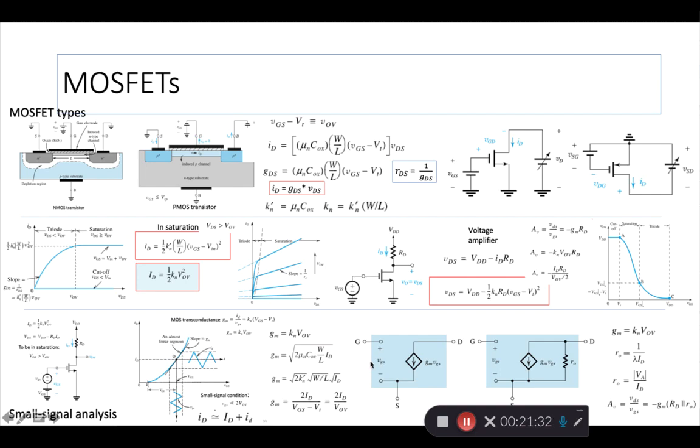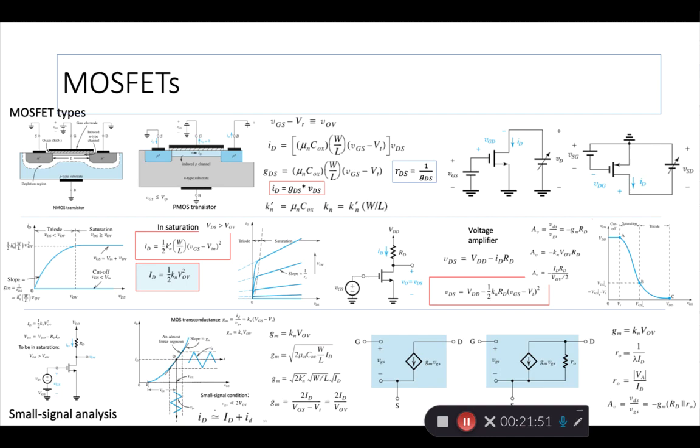Now the gate circuit is always open, there is no gate current, so there is no gate input resistance, it's infinity. But one of the models is drawn like this. So the MOSFET can be modeled as a voltage controlled current source.